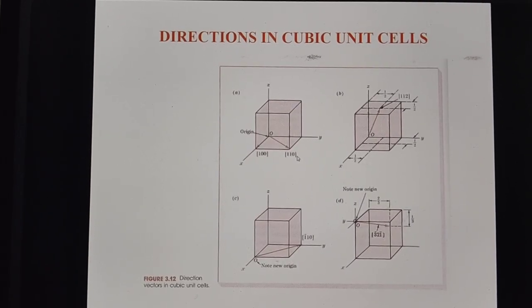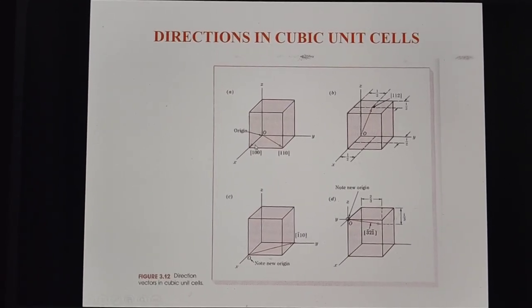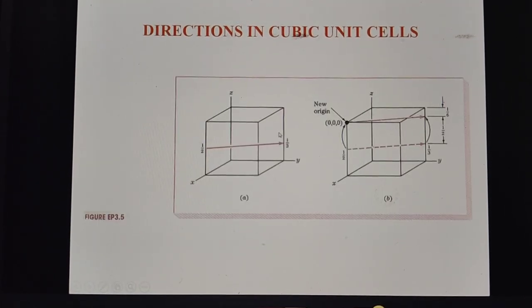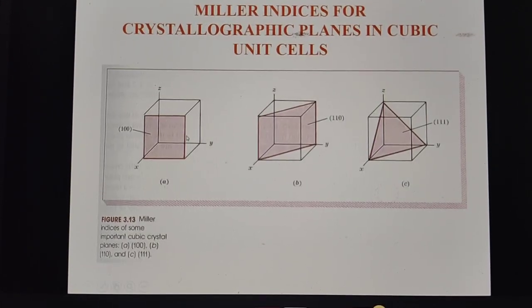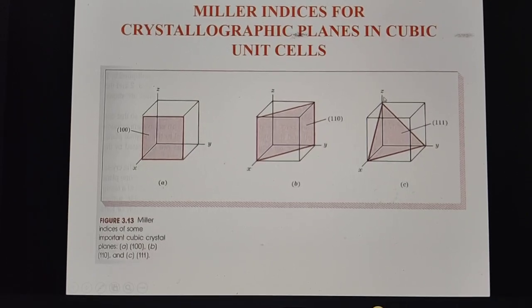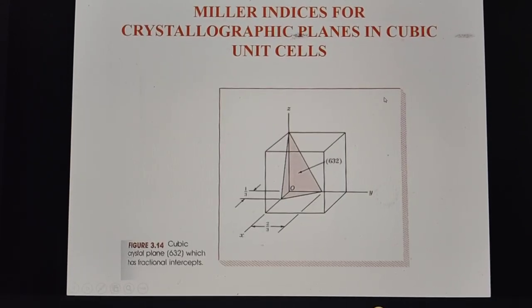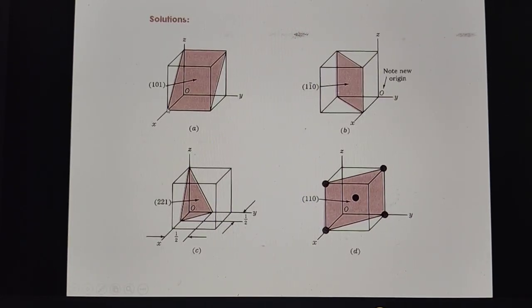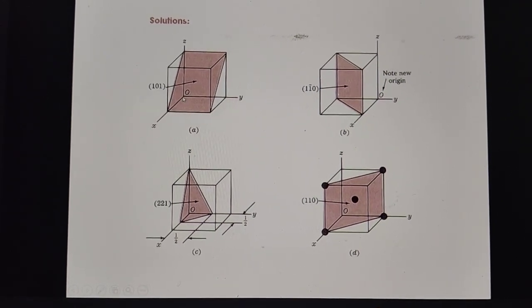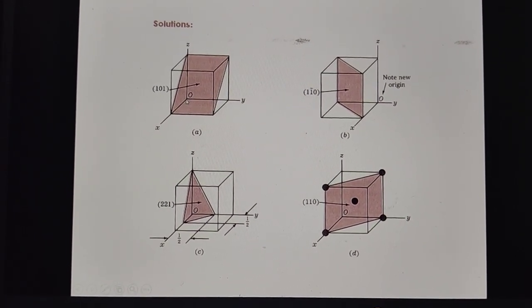Okay. So this is the 100 direction. This is the 110 direction, like that. Now the planes: 100 plane, 110 plane, 111 plane, like that. There are this many things. This is a 632 plane. This is a 101 plane because this is 1, then you don't move somewhere, and this is 1.